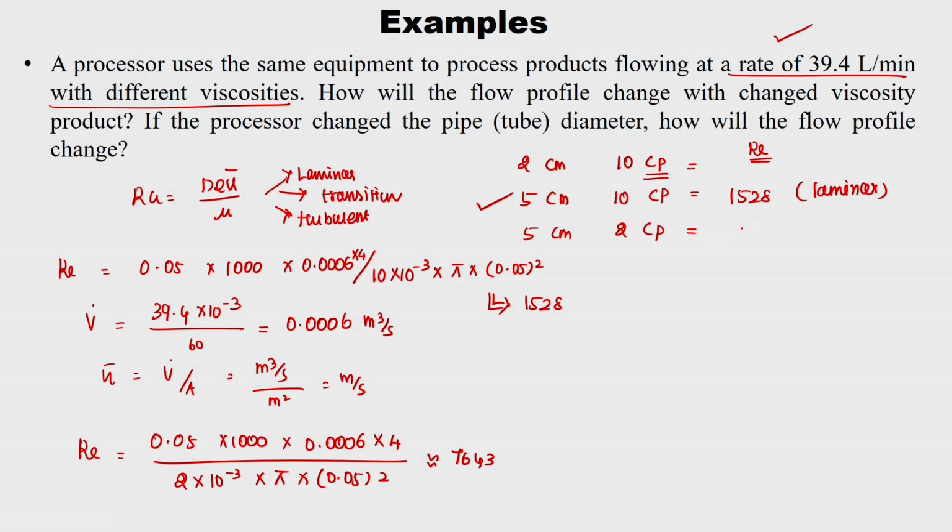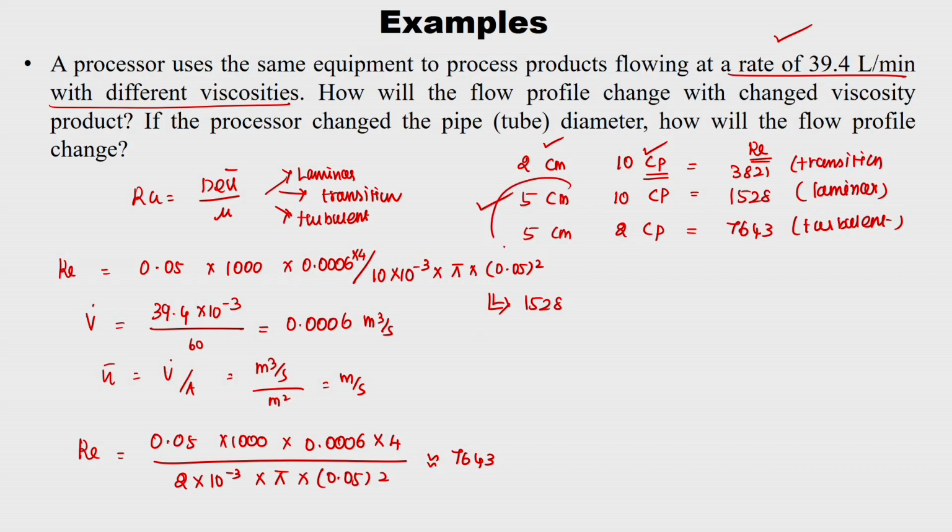So, which is turbulent. The same way, if you calculate here by substituting 10 Cp and 2 centimeter, you would end up with around 3821, which might be of some transition.